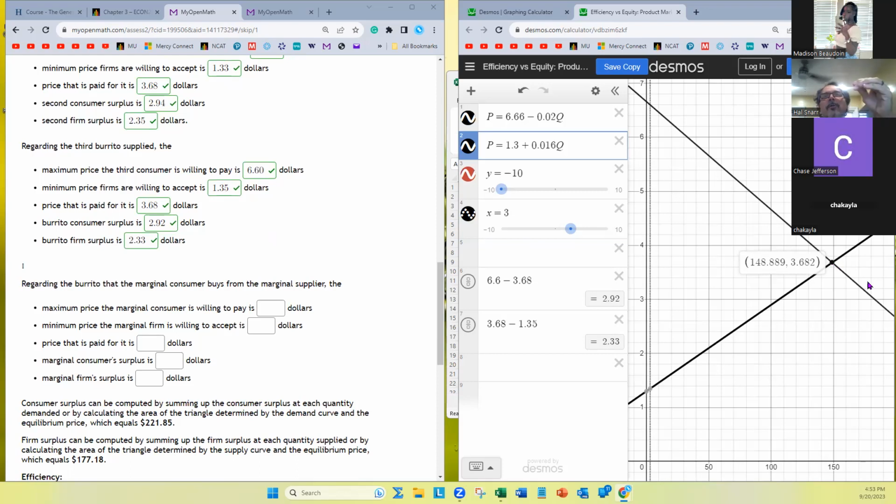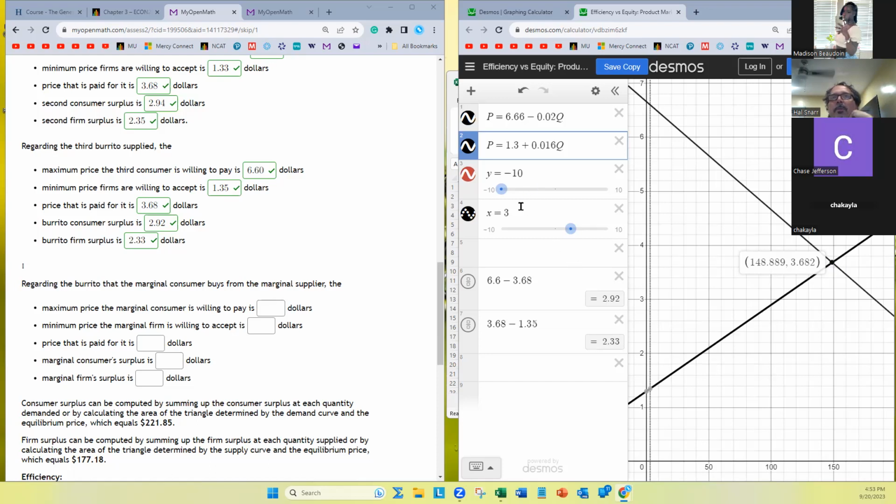They're actually indifferent between buying and not buying, because the maximum they're willing to pay is the market price. This person is willing to pay $368, and the market price happens to be $368. They're indifferent. There is no gain for them engaging in this transaction. So the marginal consumer is way out here.